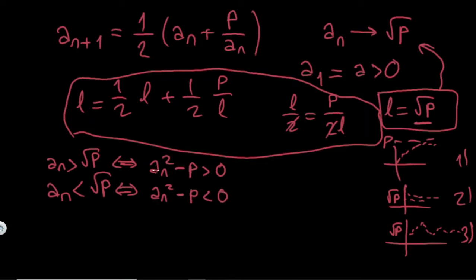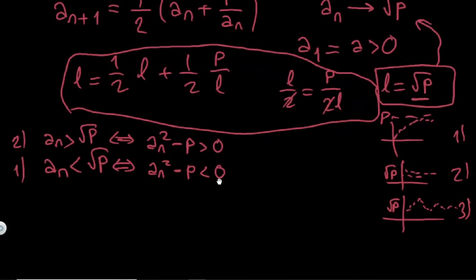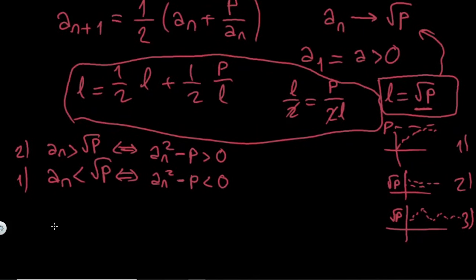So I will just check a_n squared minus p, is it positive or negative, and I will pick either the second case or the first case from this analogy. So let's check what a_n squared minus p is. Well, instead of a_n squared minus p, I can just check a_(n+1) squared minus p.